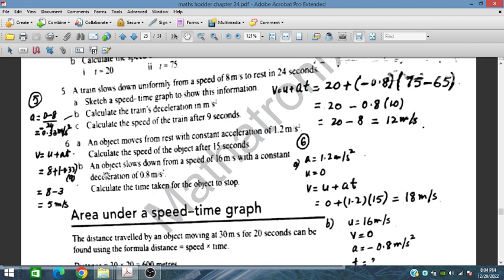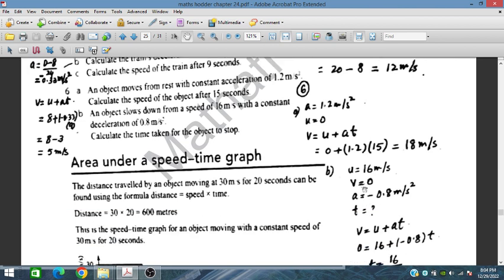Second part: an object slowed down from a speed of 16 meters per second with a constant deceleration of 0.8 meters per second squared. Calculate the time taken for the object to stop. So the initial velocity was 16 meters per second, the final velocity was 0, the deceleration was 0.8 meters per second squared, and we have to find the time where the final velocity becomes 0.